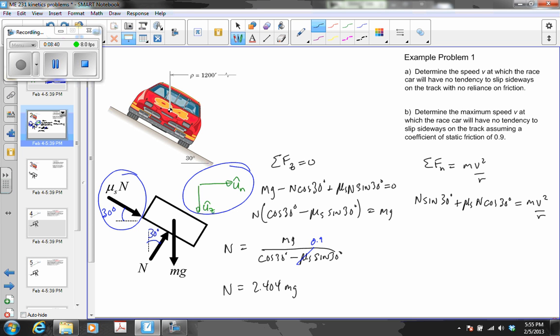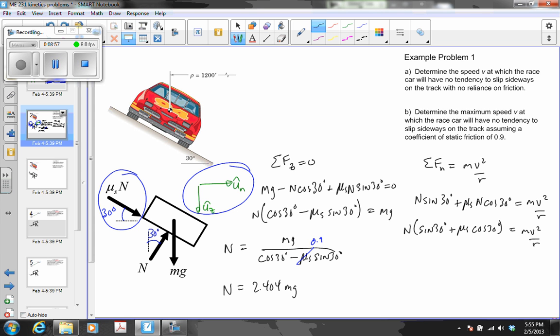So n sine 30 plus mu s cosine 30 equals mv squared over r.